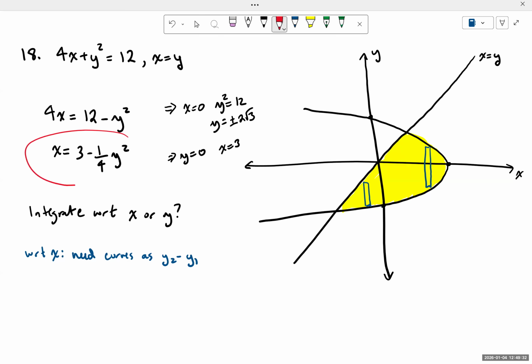They're written in terms of x, and two regions, right? Because the region to the left is between the line and the curve, and the region to the right is between these two curves. So that's kind of messy. We don't like that. Okay.